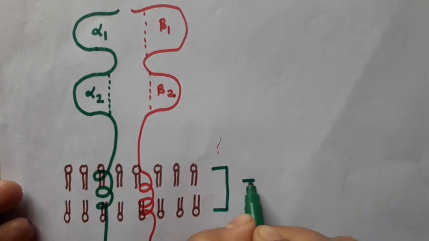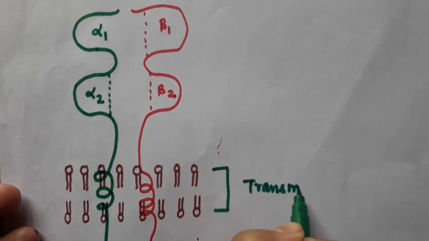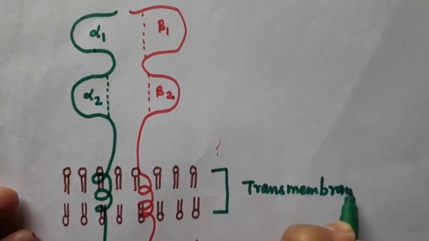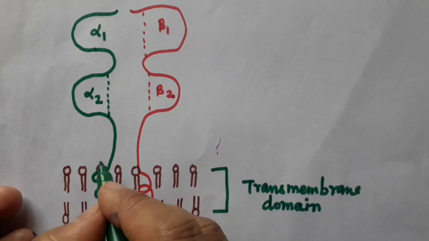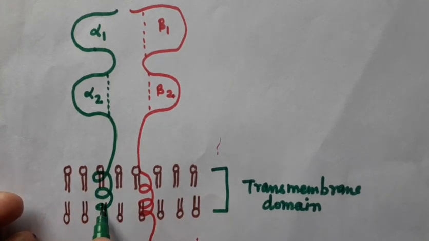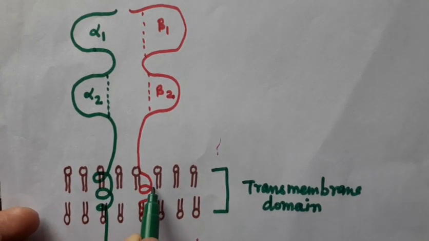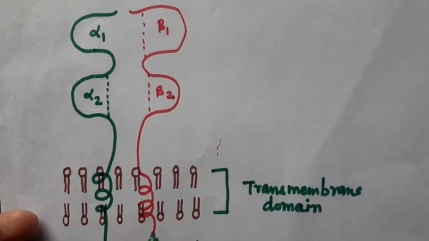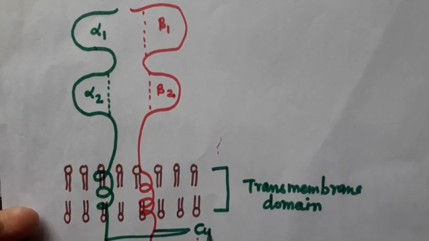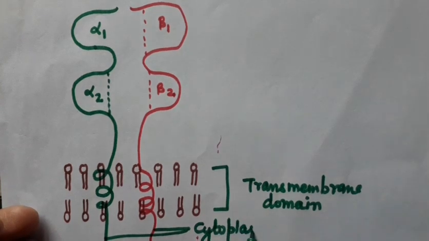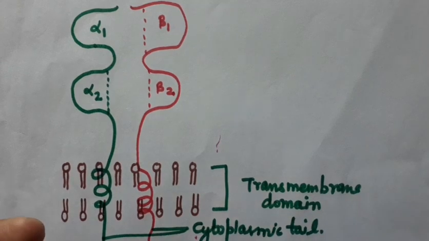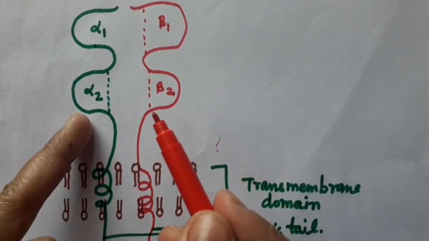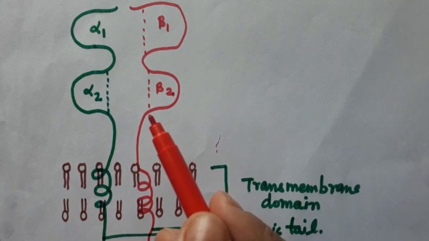Now here you can see this is the transmembrane domain. अनलाइक दैट ऑफ क्लास 1 जहाँ पे कि अल्फ़ा चेन ही जो मेम्ब्रेन में एम्बेडेड थी, यहाँ पे अल्फ़ा एंड बीटा चेन्स बोथ आर एम्बेडेड इन द मेम्ब्रेन एंड दीज आर द साइटोप्लाज्मिक टेल.